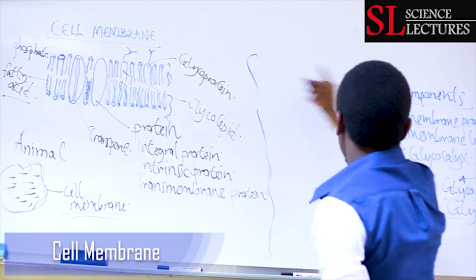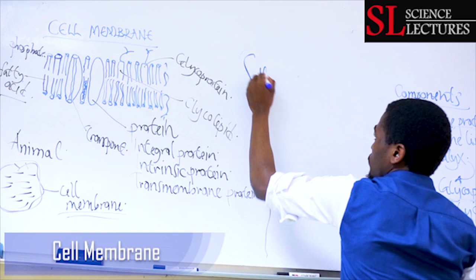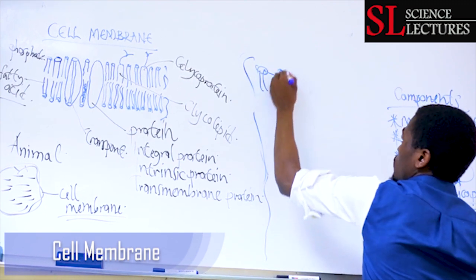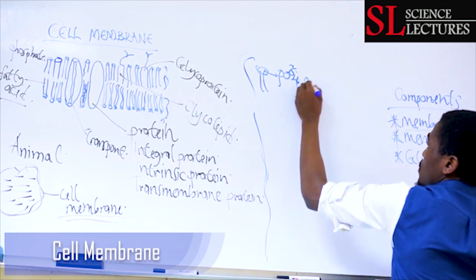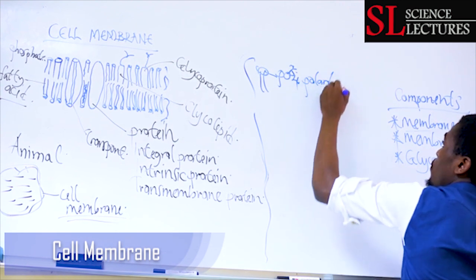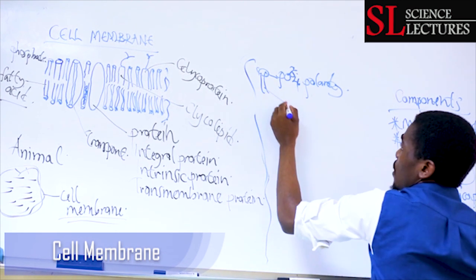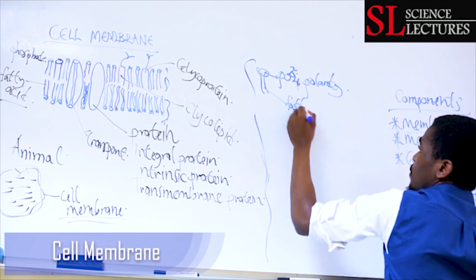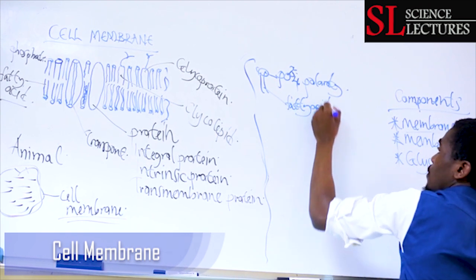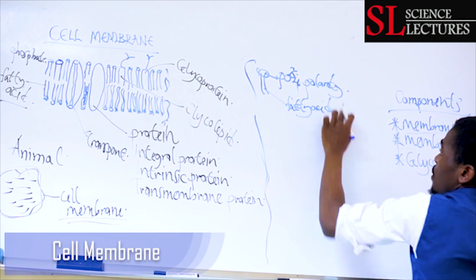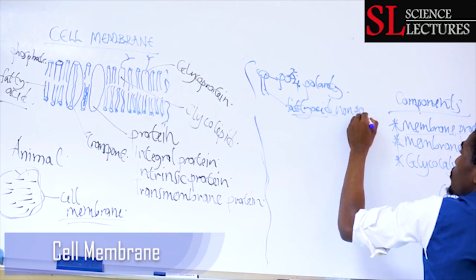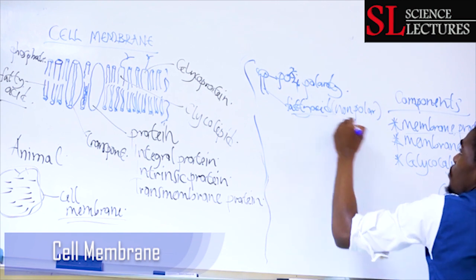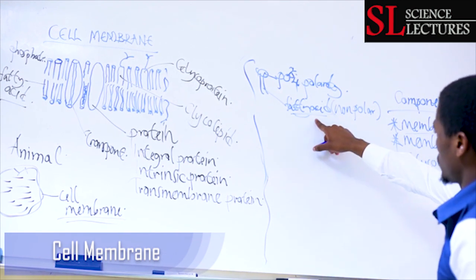We are looking at the phosphate head. This phosphate is negatively charged, which means it has some degree of polarity. Then the fatty acid is non-polar. So the phosphates are polar, fatty acids non-polar.